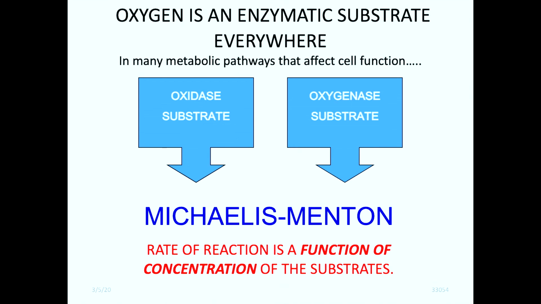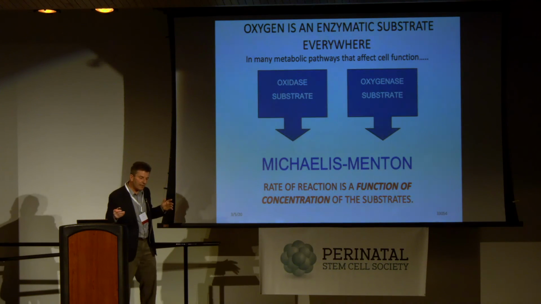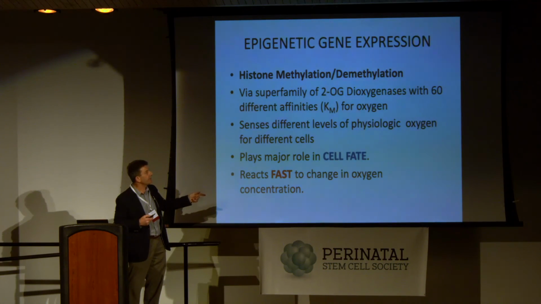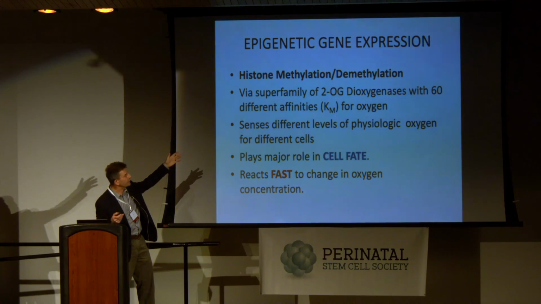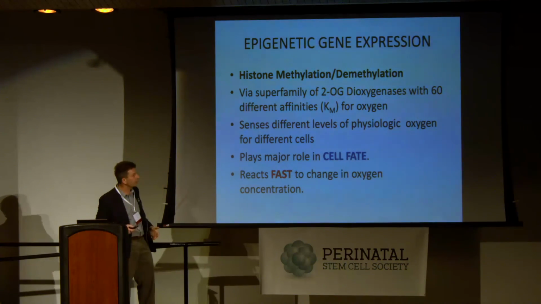And the key thing that's starting to be understood is there's a lot of enzymes that use oxygen as a substrate, and as we know from Biochem 101, all these reactions have a rate that's a function of the substrate. And there's this new discovery of this huge superfamily of dioxygenases, which have different affinities for oxygen that are distributed in all the cells and all the tissue of the body.